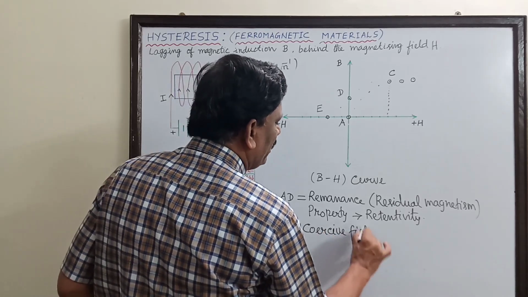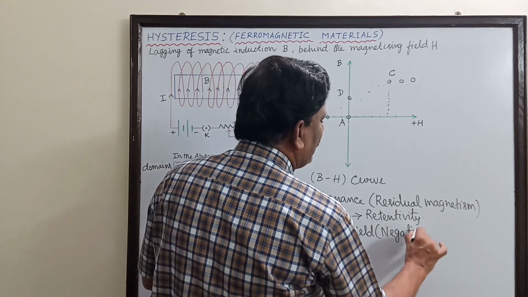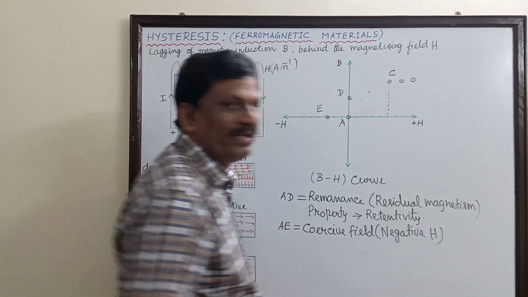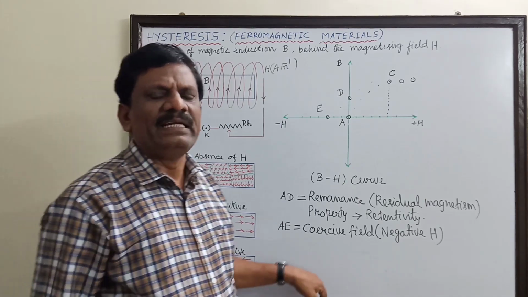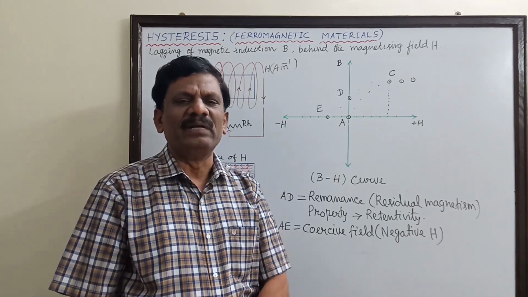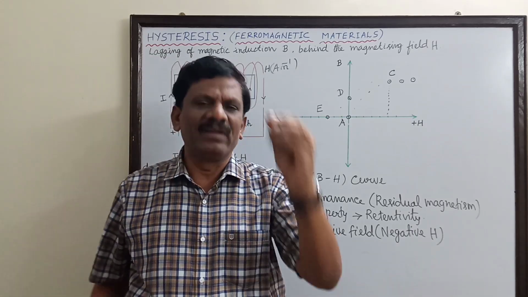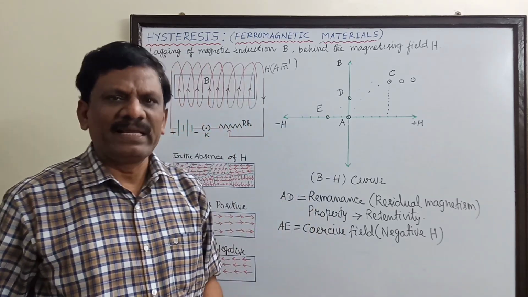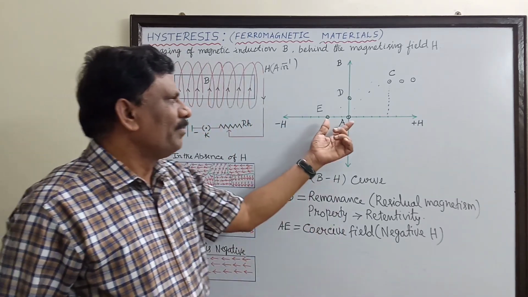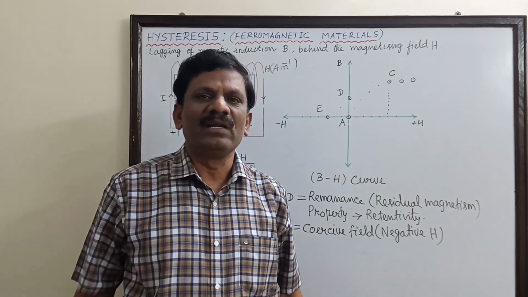Coercive field is the negative magnetizing field. Okay. Now once again, if I take 2 or 3 different materials like ordinary iron, steel, ferrite, or alnico, like the different ferromagnetic materials, and if I apply the same coercive field, the magnetic induction will not come back to 0.